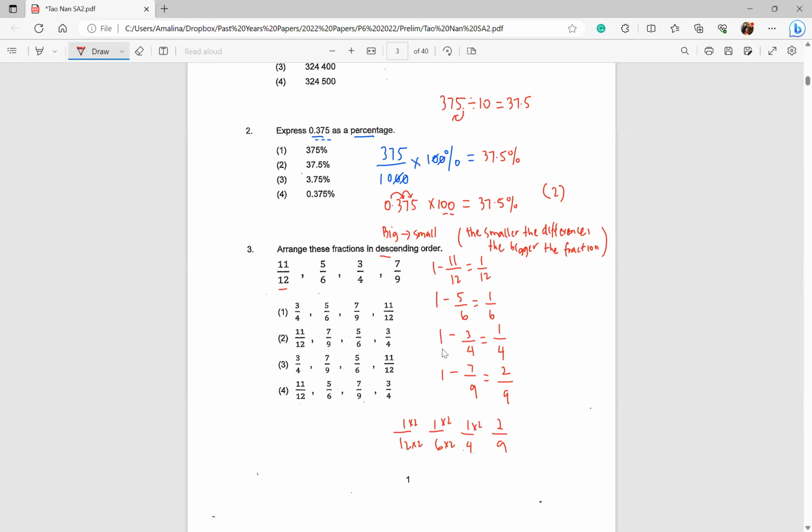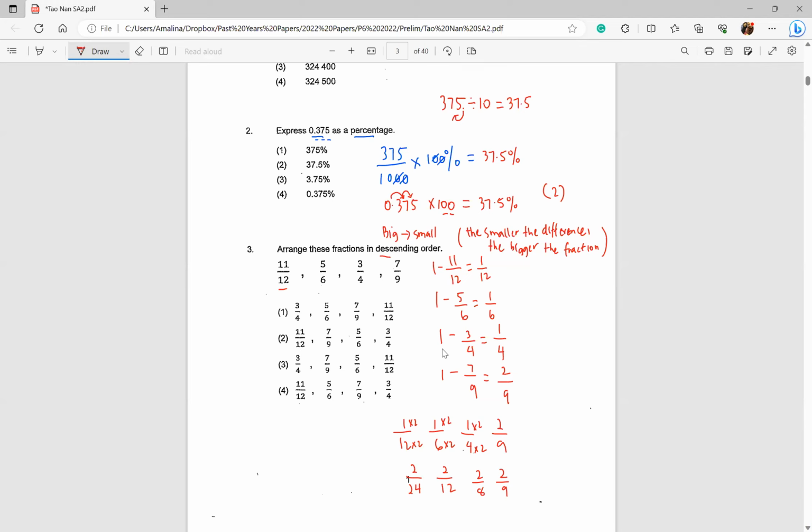So I will get the first to be 2 over 24. This will be 2 over 12, 2 over 8, and finally 2 over 9. Once my numerators are the same, you compare your denominators. Of course, the bigger your denominator, the smaller your fraction.